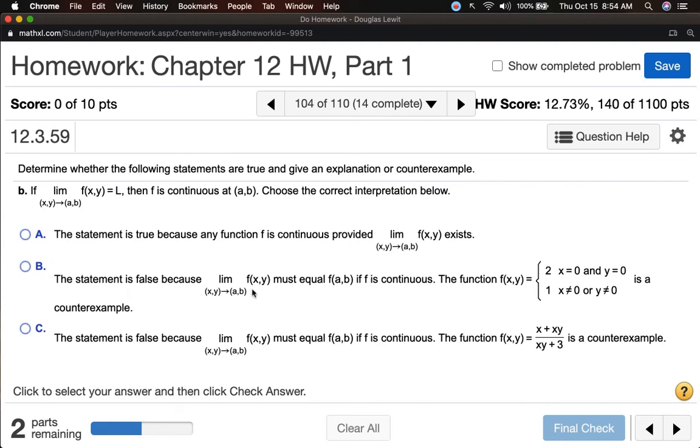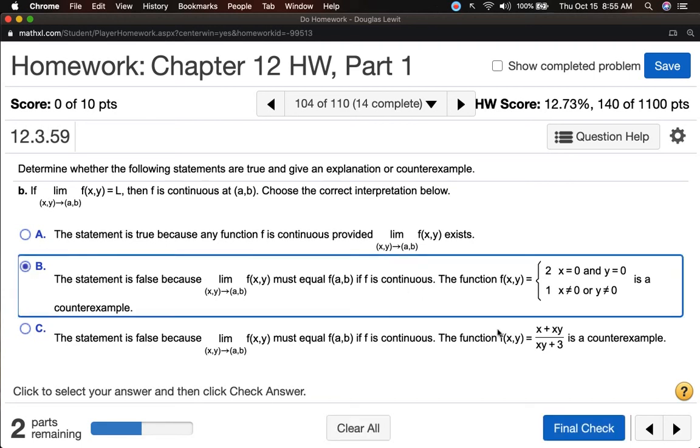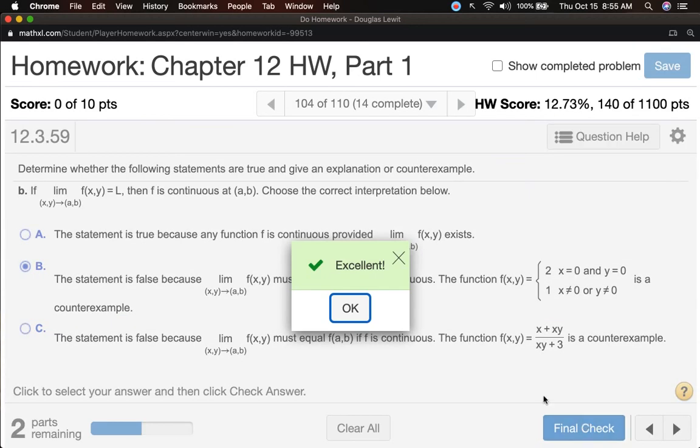The statement is false because the limit of f of x and y as x and y go to a and b must equal the definition of f of a and b if f is continuous. I believe it's going to be B.